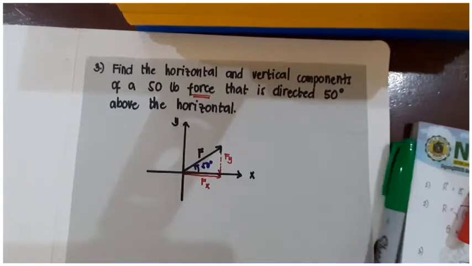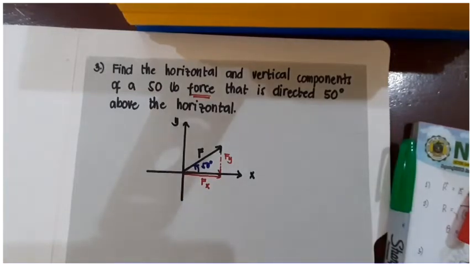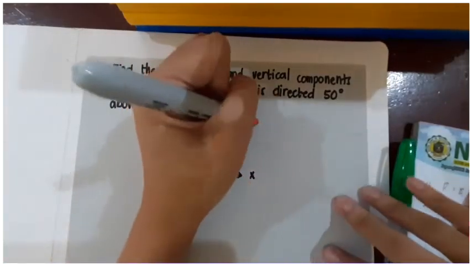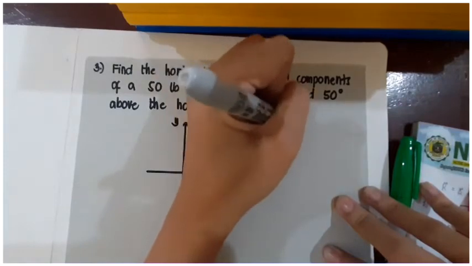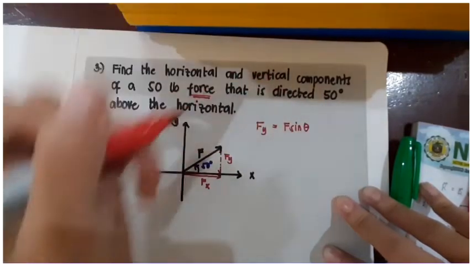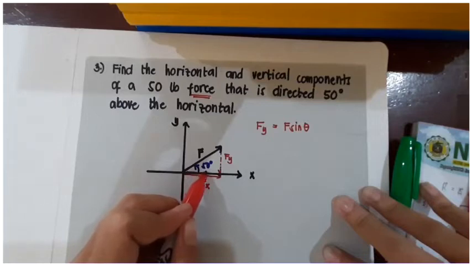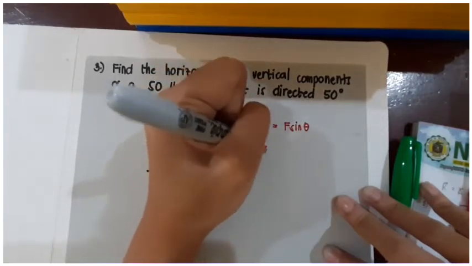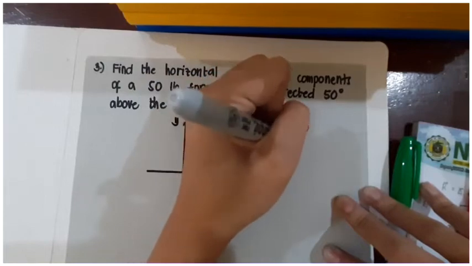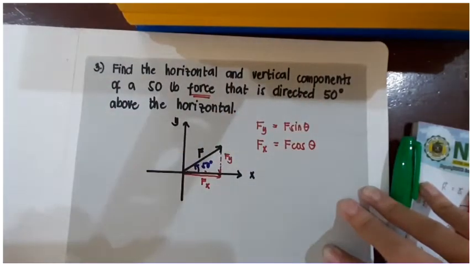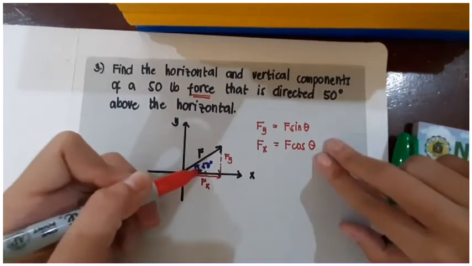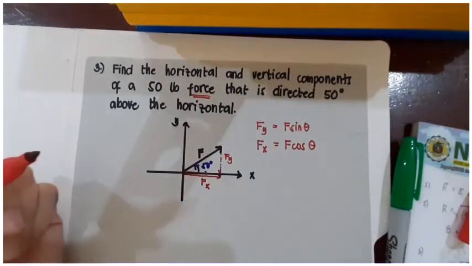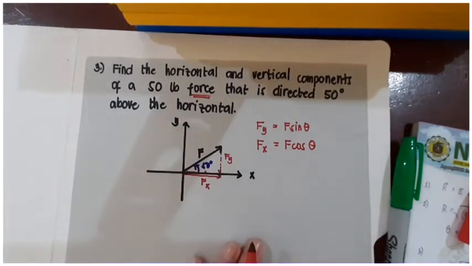So, I already showed you sa PowerPoint kung paano kunin si Fy. That's just equivalent to your F sin theta. Si theta dito is your 50 degrees. And then Fx, that's F cosine theta. In this case, your theta is again 50 degrees. So yan lang yung process para mahanap natin si horizontal and vertical component.